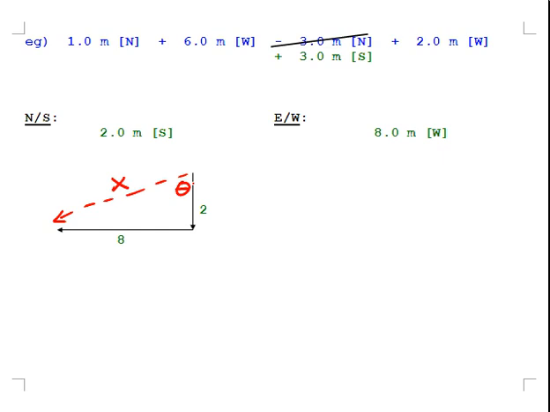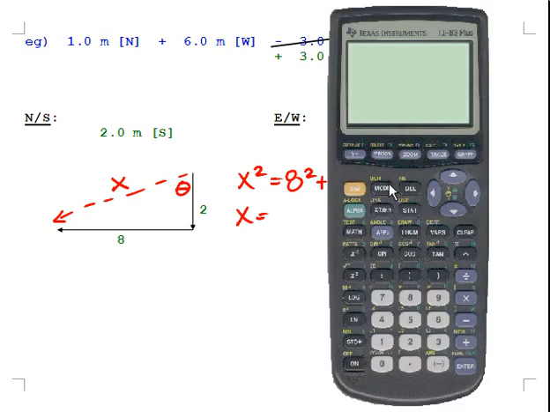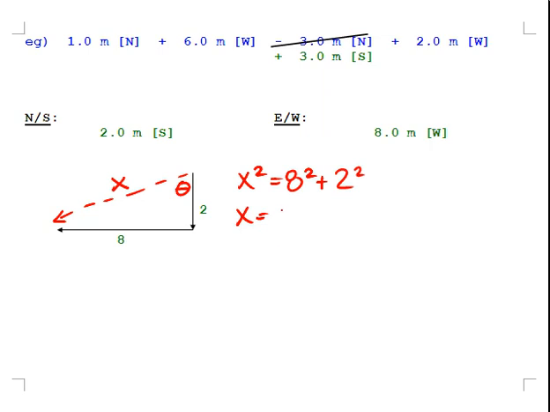And what have we got? Pythagoras again. I guess I'll just sketch it really quickly here. X squared equals 8 squared plus 2 squared. I think my notes got a little bit confusing if I page down, so I'll just do it here with you. X equals the square root of 8 squared plus 2 squared, 8.25.